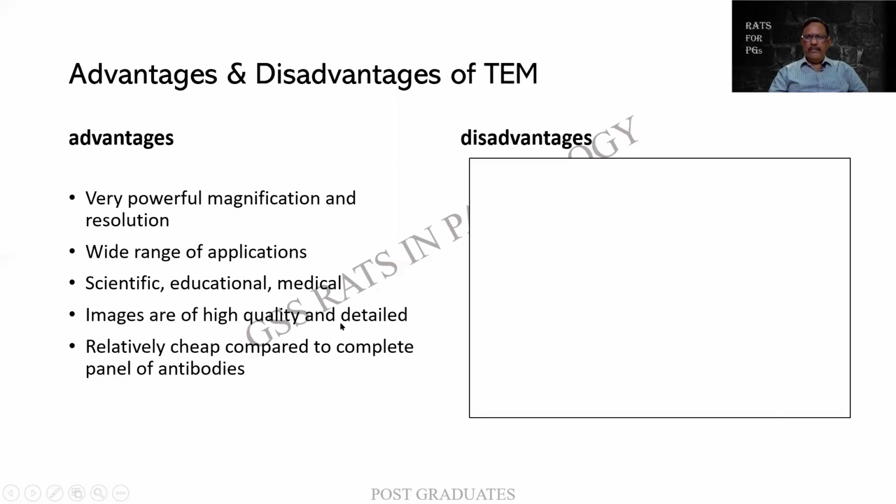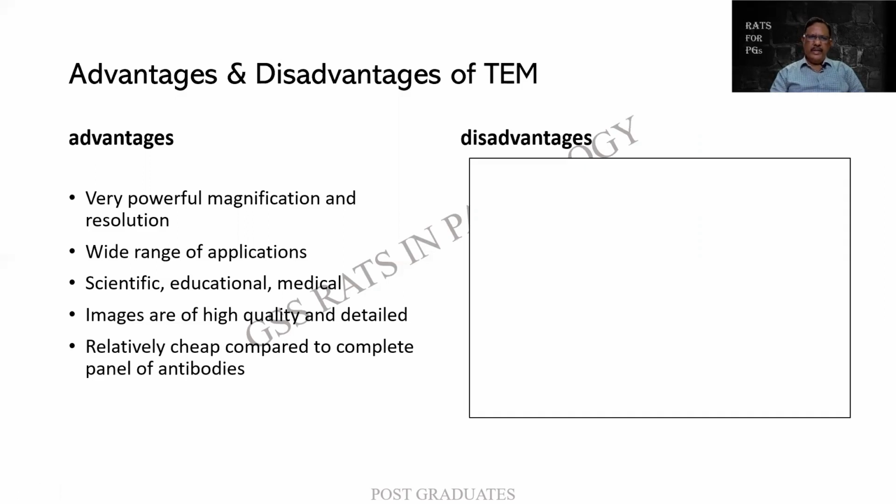You will be able to say where exactly the fault is, whether it is in the organelles or in the lysosomal sacs. And it is relatively cheap. I was surprised at reading this particular word because very frequently we ask for a complete panel of IHC markers. And do you know the cost of it? It can run into several thousands for the patient.